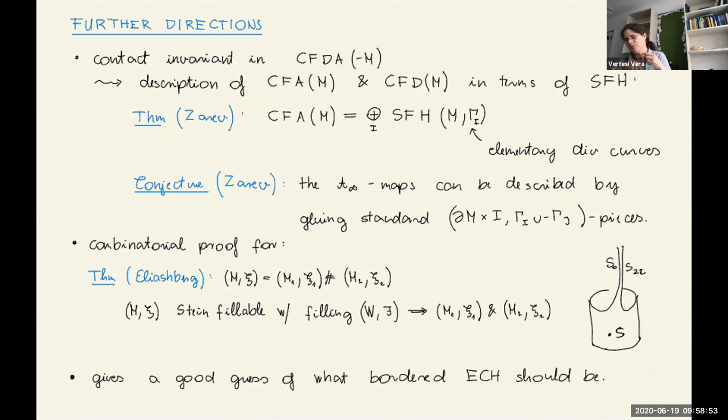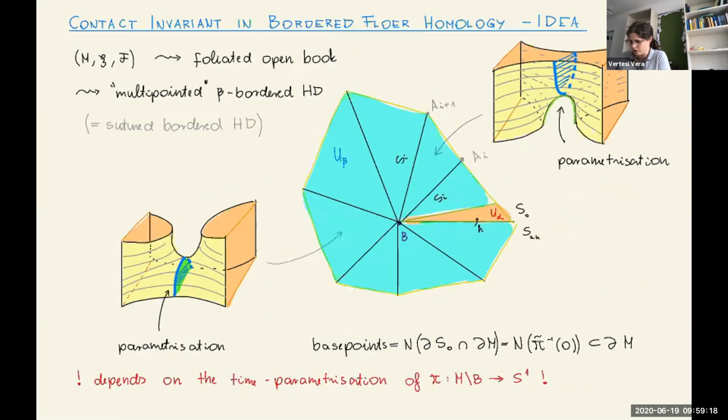It would give something like counting closed Reeb orbits, and counting some sort of Reeb flows going between these bordered arcs.